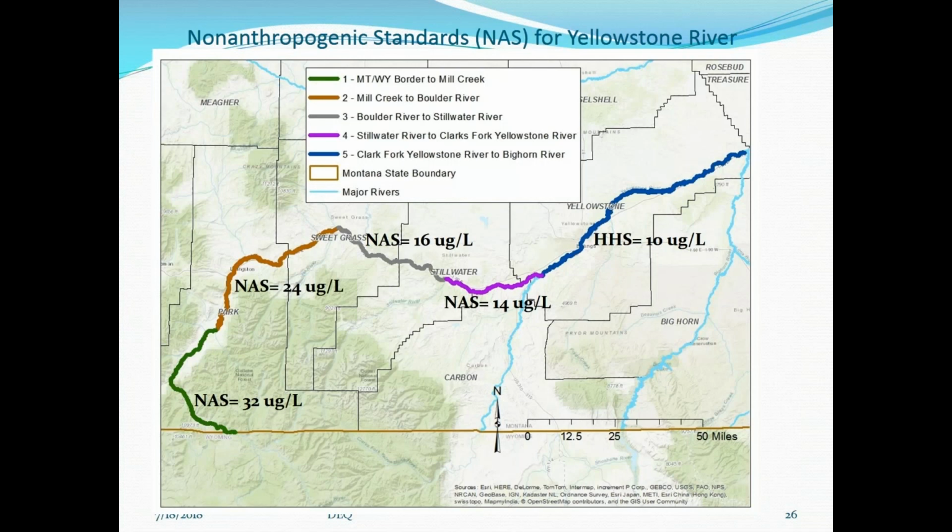Okay, and this is just showing it pictorially what that looks like. And so you can see for the first segment, it would be 32, the second segment, 24, third, 16, fourth, 14, and then after the confluence with the Clark Fork of the Yellowstone, the human health standard of 10 would apply.